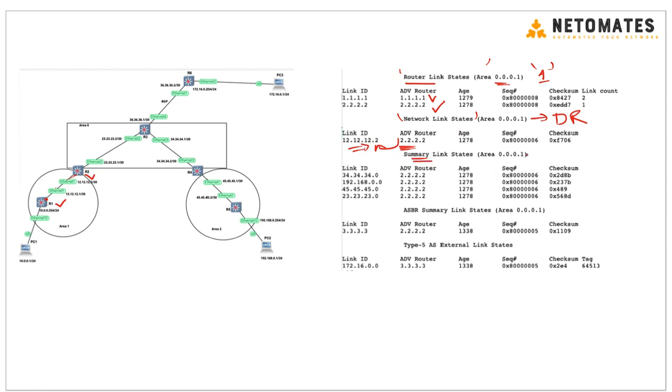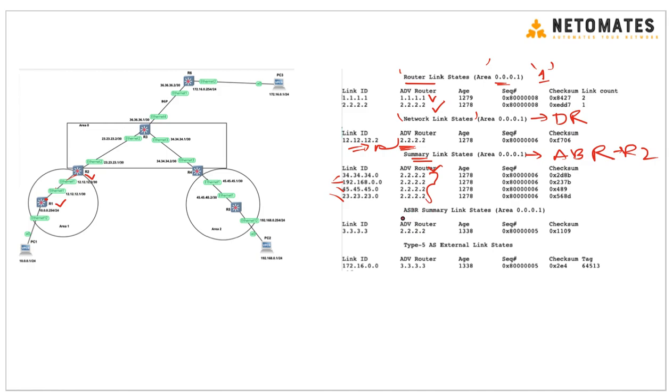Next one, summary LSA. This will be generated by the ABR. The ABR will tell other area routes. If you see, advertised by ABR. In this case, what is the ABR for area 1? R2. R2 is advertising routes of different areas. In this case, area 0 routes and area 2 routes. Okay.